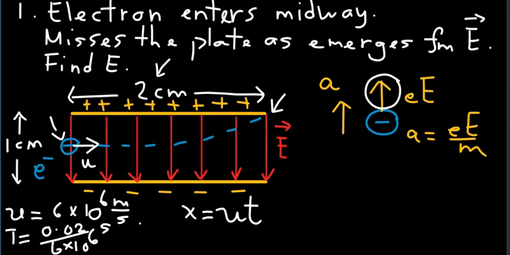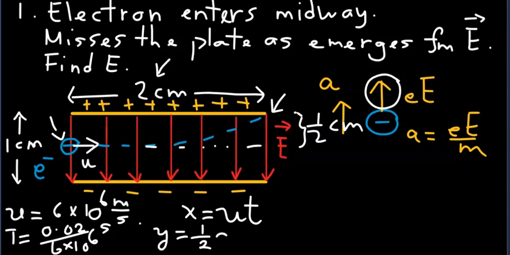Now the y part. In the same time, the electron would have traveled a vertical distance of half a centimeter. The expression for the y coordinate from kinematics is half a t squared. There is no initial y component to the velocity, so it stops there.